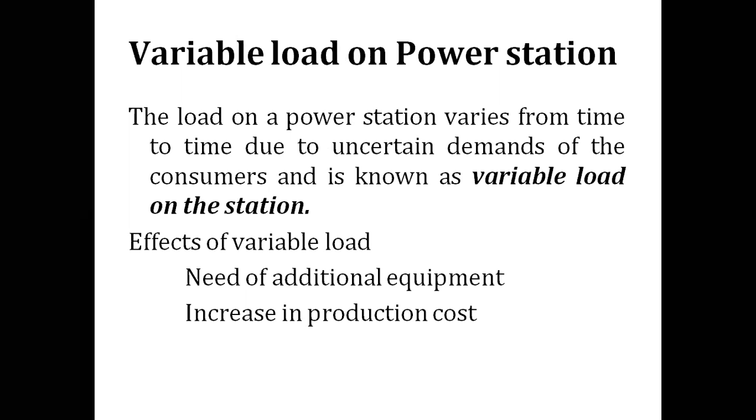That is called the variable load on the power station. What do I mean? The load on the power station always varies from time to time due to uncertain demands of the consumers, and that is why this is known as variable load on the station. It means that throughout the day, throughout the 24 hours, your load demand is never constant.